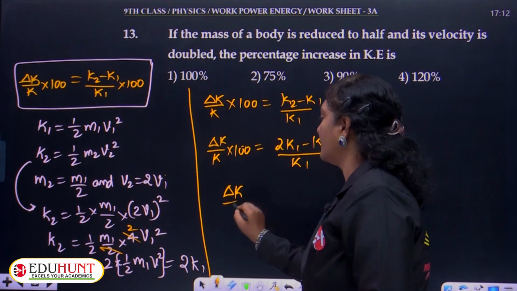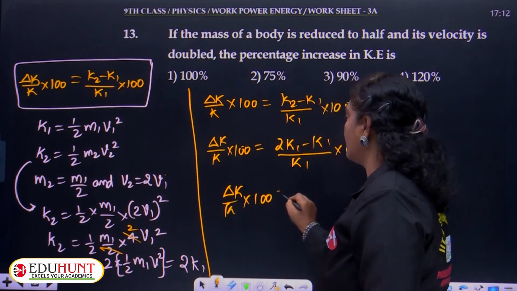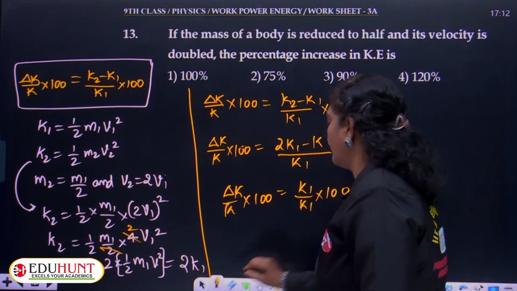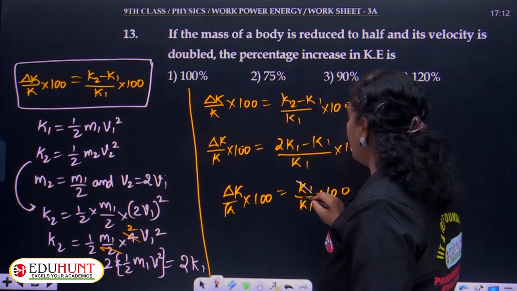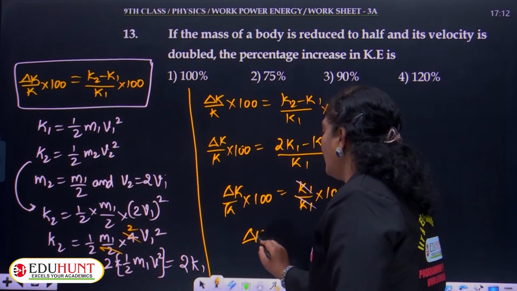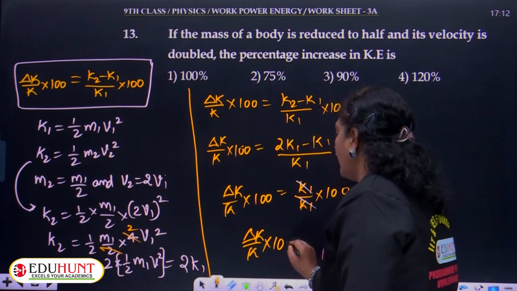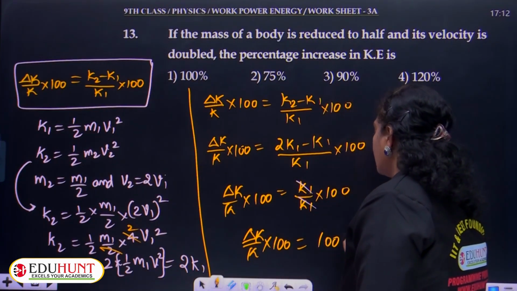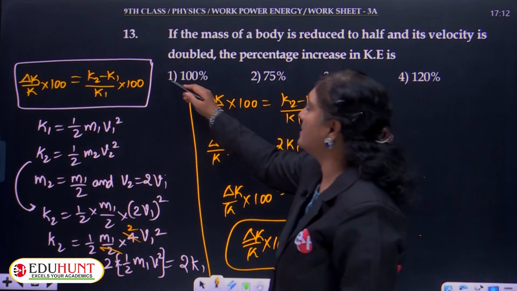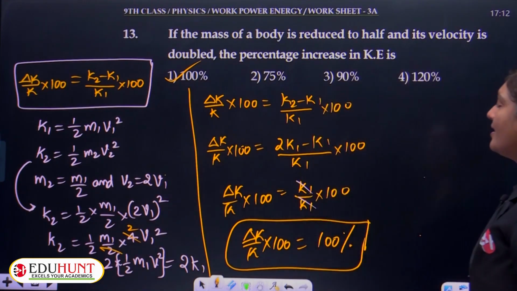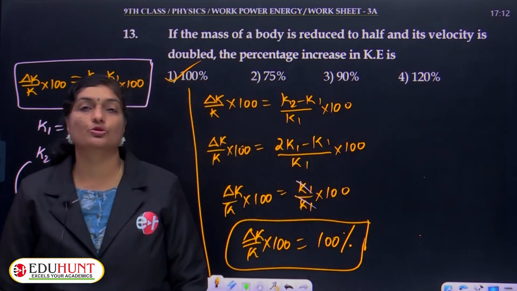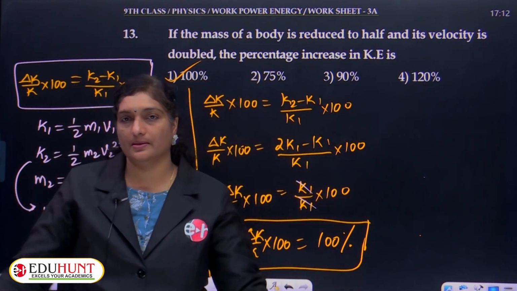So, delta K by K into 100 equals 2K1 minus K1, which is K1, upon K1 into 100. Solving this, K1 gets cancelled. Hence, delta K by K into 100, how much is left? 100. So 100%. What is the value, children? 100%. If the mass is halved and velocity is doubled, then the percentage increase in kinetic energy is found to be 100% increased.